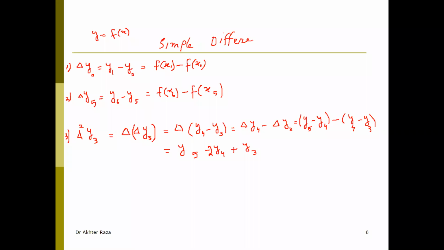I'm just going to complete the simple differences explanation here, and want to extend this to making a difference table for divided differences. So in the next slide, I am going to construct a divided difference table.